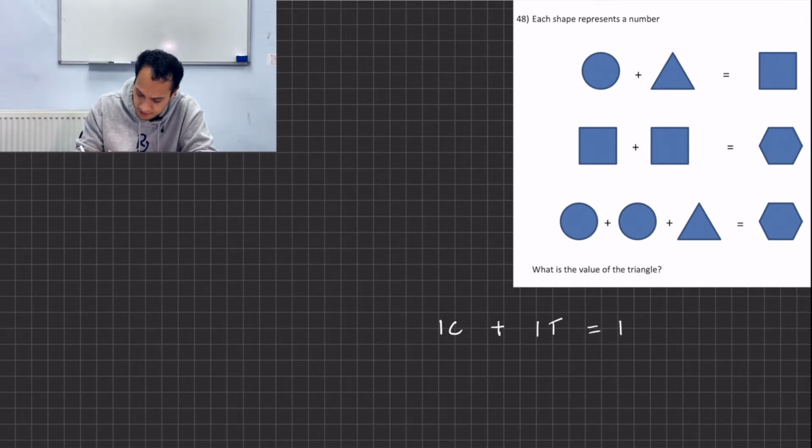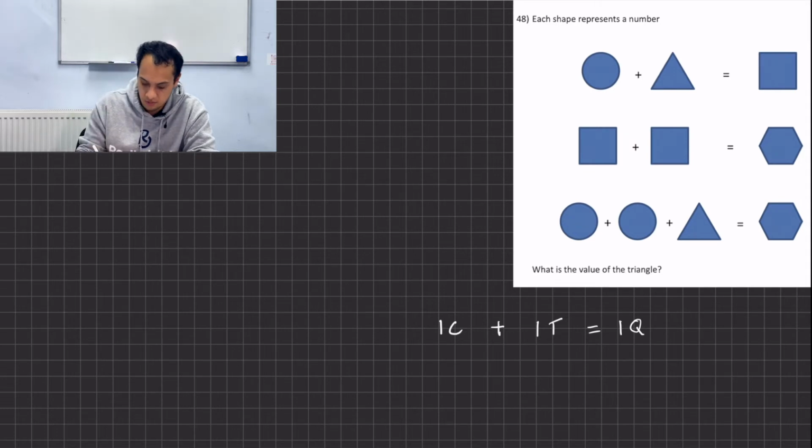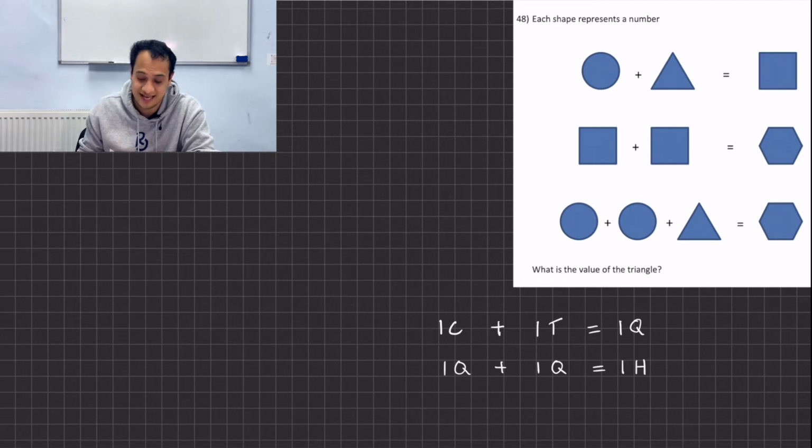So 1Q. Okay. Now, if we look at the next one, it's 1Q plus 1Q equals 1H, because it's a hexagon. Well, we can gather those terms together and we get 2Q.